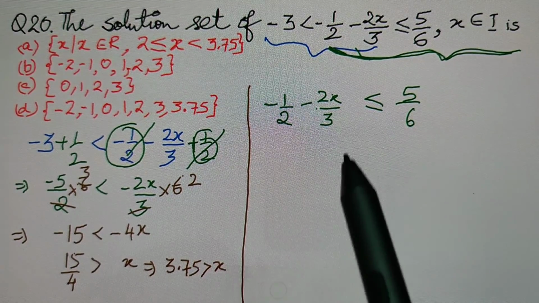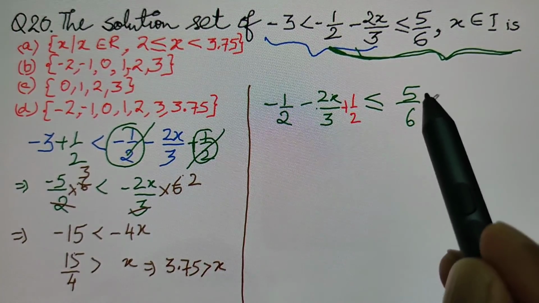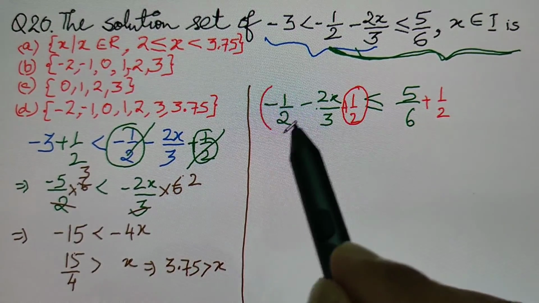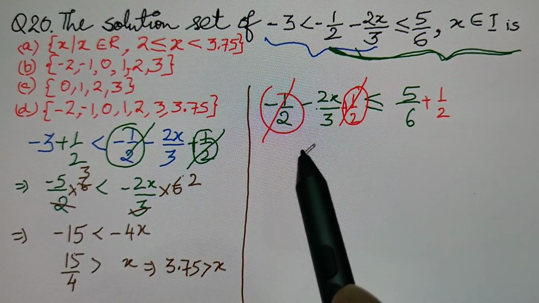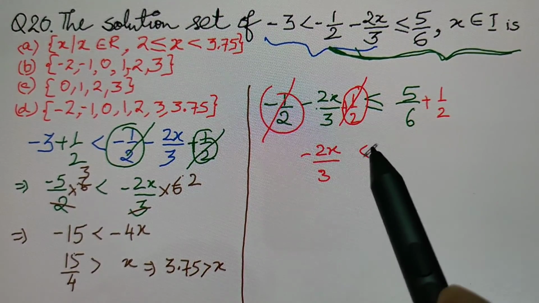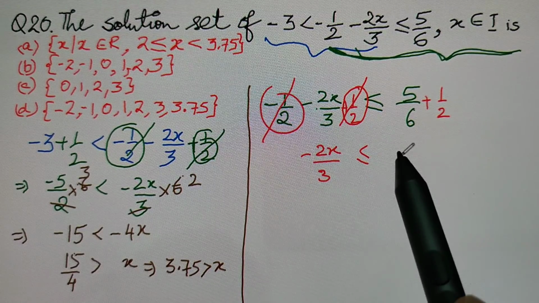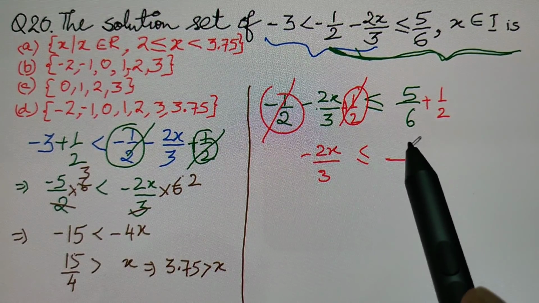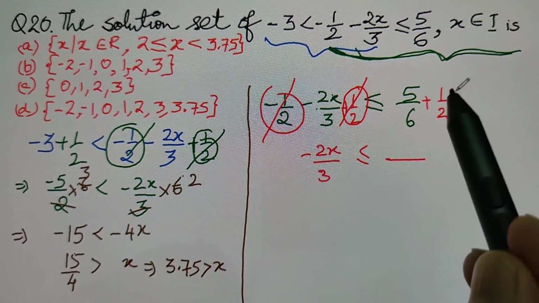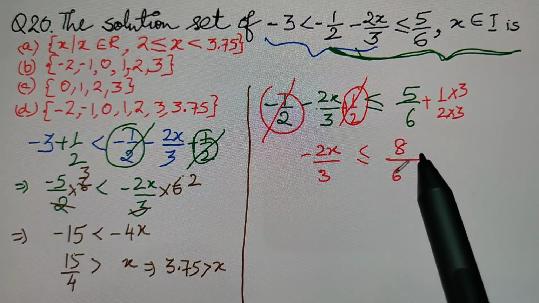Great. Now again I add plus 1 upon 2 to both sides. Now this and this get cancelled, so I have minus 2x upon 3, which is greater than or equal to, if I solve this further, 3 times, so I get 8 upon 6.